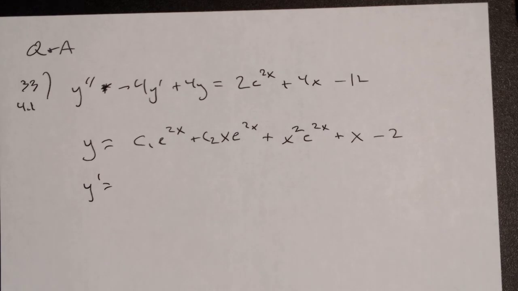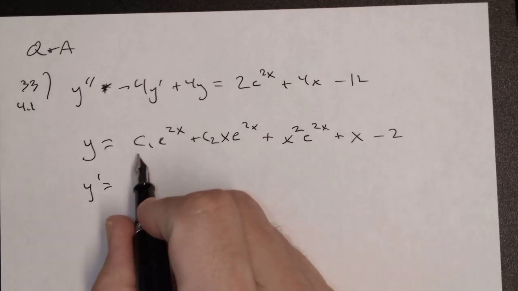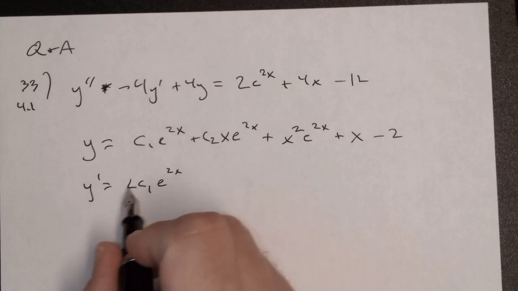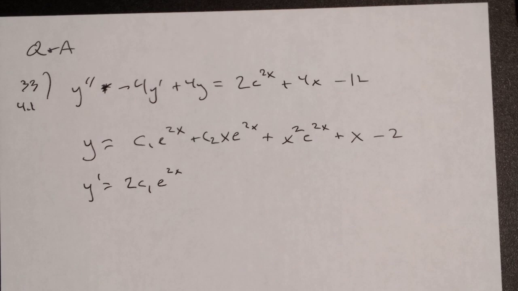You don't actually have to work out where this solution came from. You just have to show me that this is a solution. So I need to show that when I take this y, this y prime and this y double prime and put it back in, this is what I get. The derivative of e to the 2x is 2e to the 2x. The c1 just stays along for the ride.